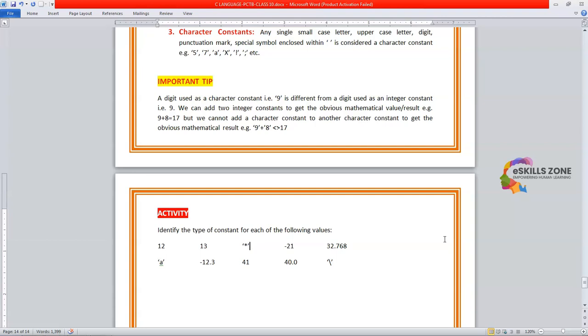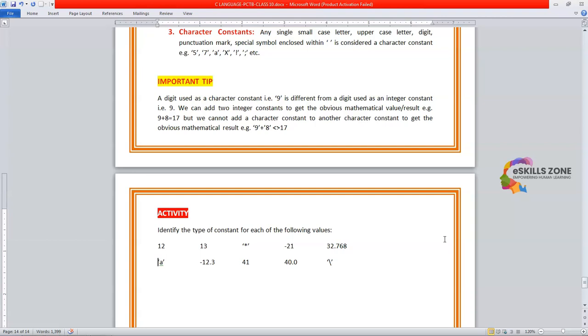Now this asterisk is a special symbol enclosed in single quotes, apostrophe, so it is considered a character constant. Here you can see 21 with a minus sign, so it is considered a negative integer constant. Here you can see 32.768, so this is considered a real constant because it has a decimal point.